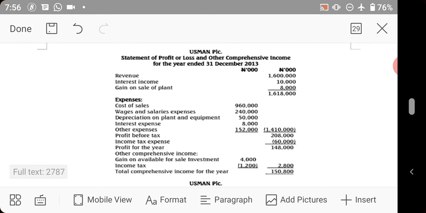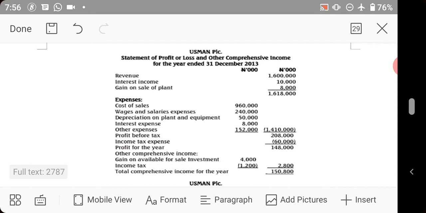So we have Usman PLC statement of profit or loss and other comprehensive income for the year ended 31st December 2013. Revenue 1.6 million. Interest income 10,000. Gain on sale of plant 8,000. If you add together, you have this.